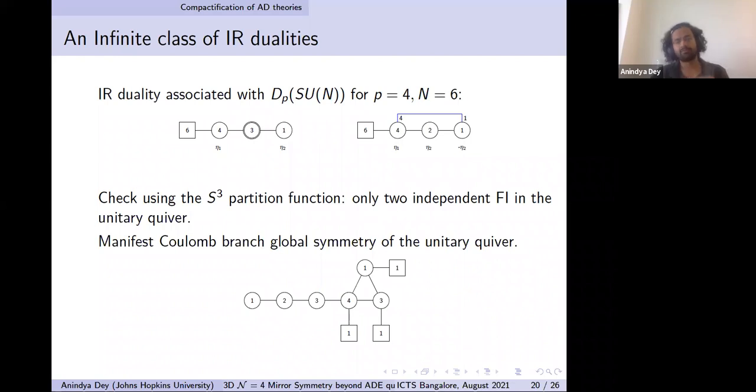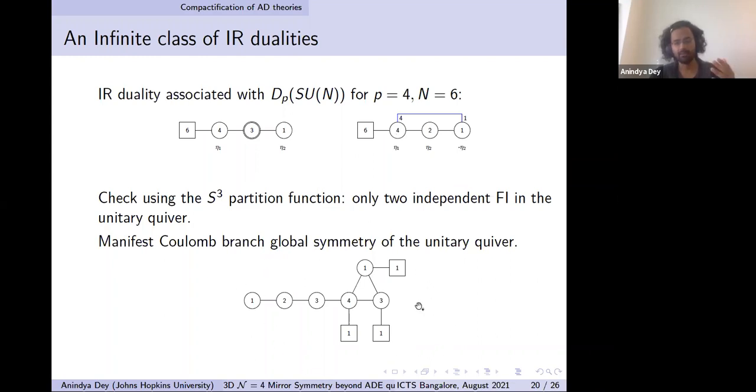Now, the advantage of having these unitary gauge groups from this S-type operations is that the Coulomb branch symmetry is manifest in that class of theories, while it's not manifest in the theories that Close and friends talk about. So remember that both these theories are mirror dual to this particular quiver.